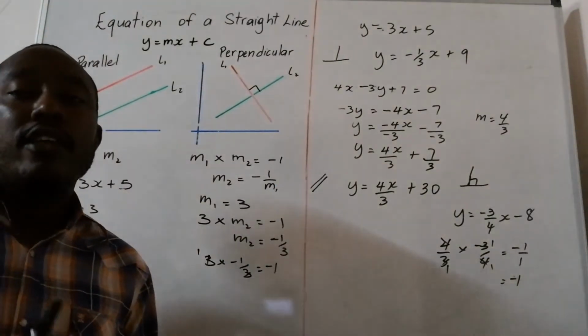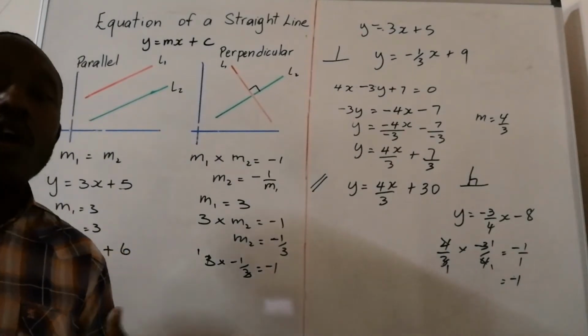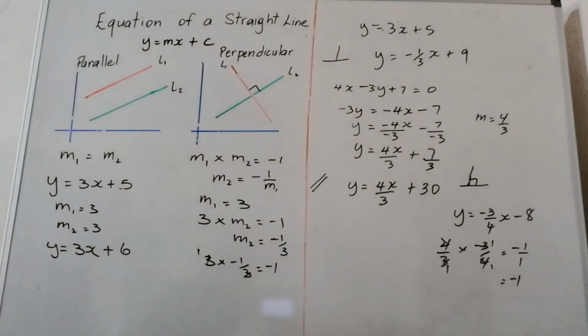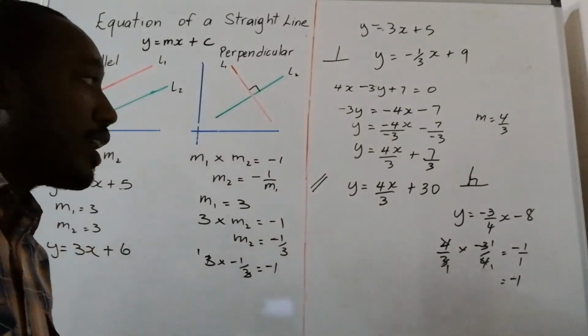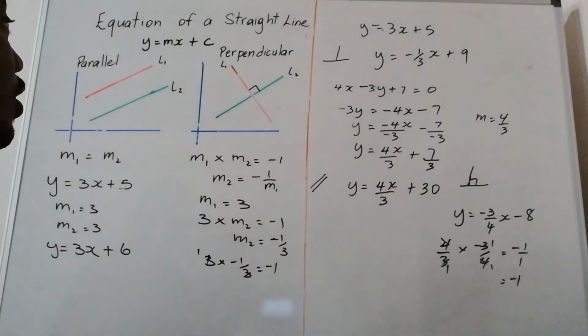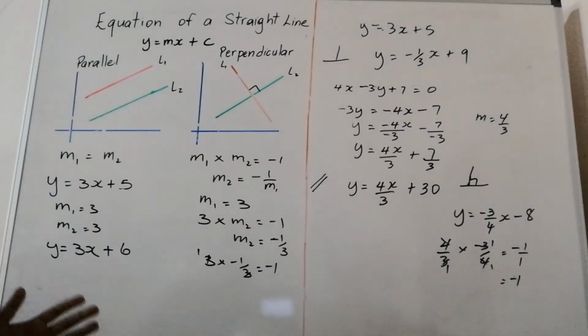Or find the negative reciprocal: upturn the number and change the sign. If the gradient is positive, it becomes negative. If it's negative, it becomes positive. So that is how we find the line parallel or perpendicular to a given line.